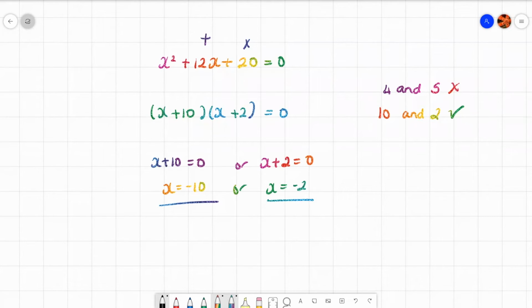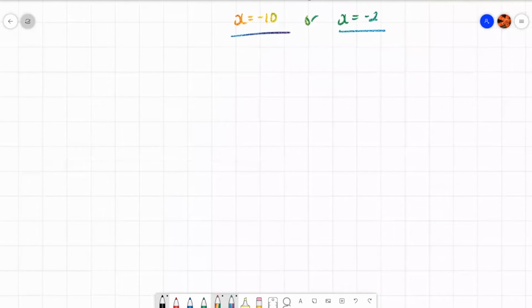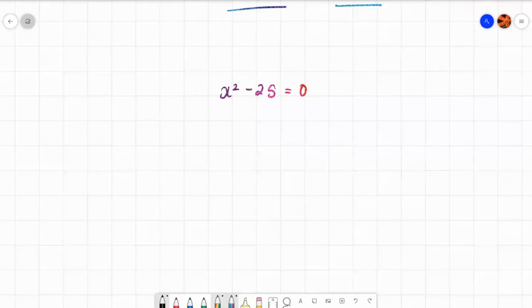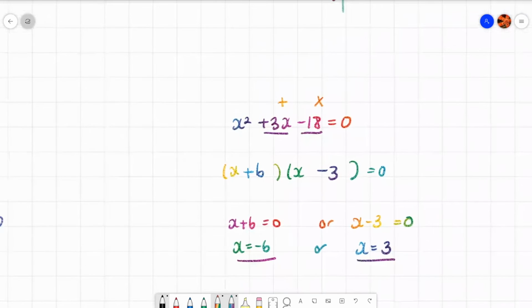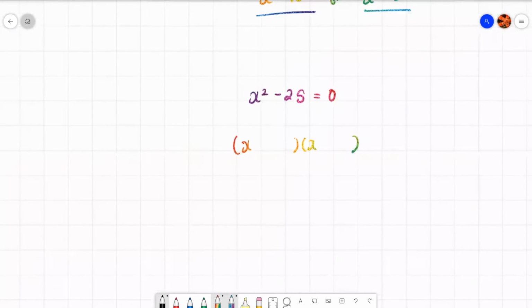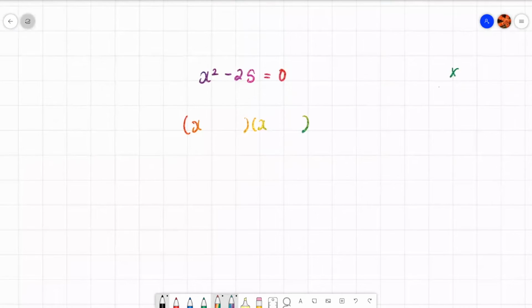You might have something like this as well, where that is the difference of 2 squares. So you have x, and you need 2 numbers that times to make minus 25. And look, there's no number in the middle, is there? Because here you've got 12x, you've got 3x there. So it's 2 numbers that times together to make minus 25 and add to make 0. And it's minus 5 and 5.